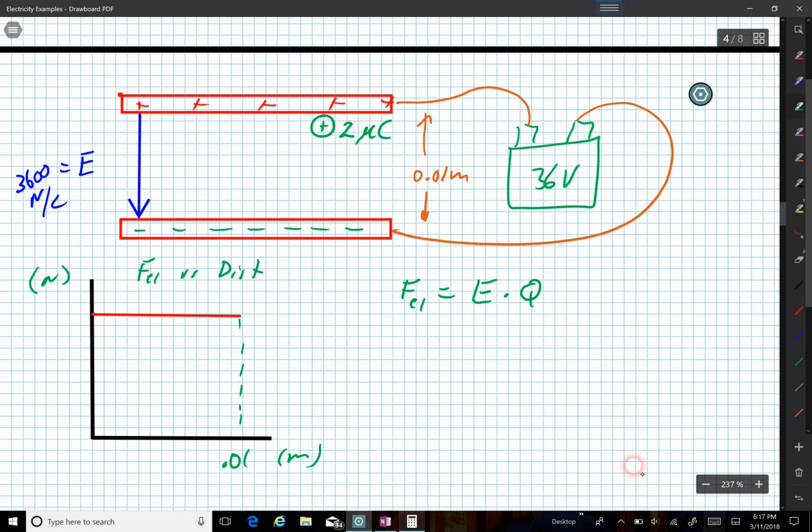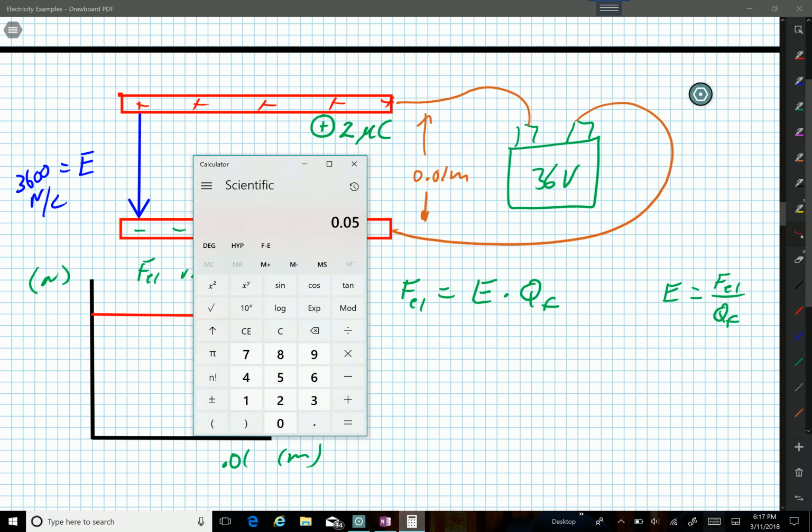E times QF. Remember, our equation that we had, that we've used a number of times now, is force electric over QF is electric field. If I just do the algebra on this, I get this equation. This is not a new equation. This is just algebra on this equation. All right? So here I know the electric field, and I know the field charge, and I can calculate the force electric very easily. All right?